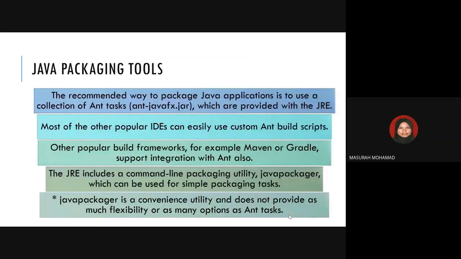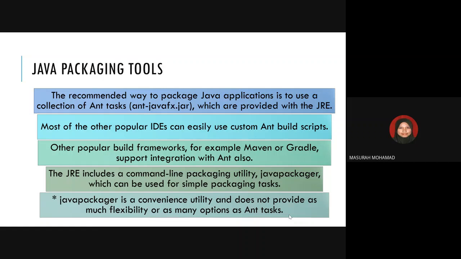So let's move to the next one, which is Java packaging tools. The recommended way to package a Java application is to use a collection of Ant tasks, known as ant-javafx.jar, which is provided with the JRE. Most of the other popular IDEs can easily use custom build scripts.